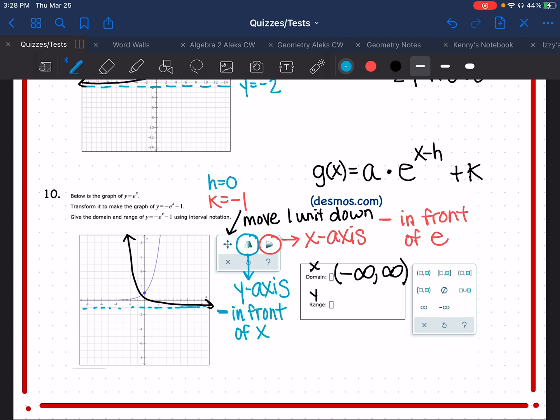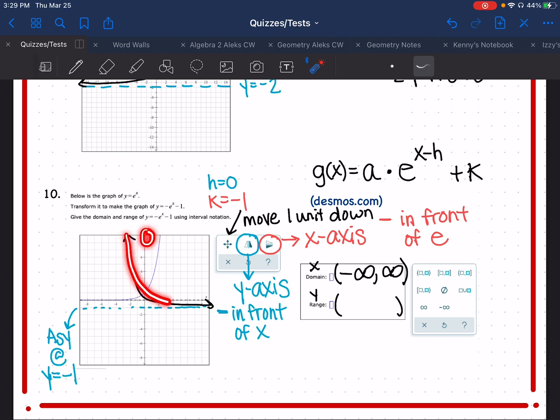Be very careful. This asymptote is at y equals -1. So you want to see that number in your interval notation, and you just got to decide which infinity to use. You have to look at the graph and decide which y values my graph has.